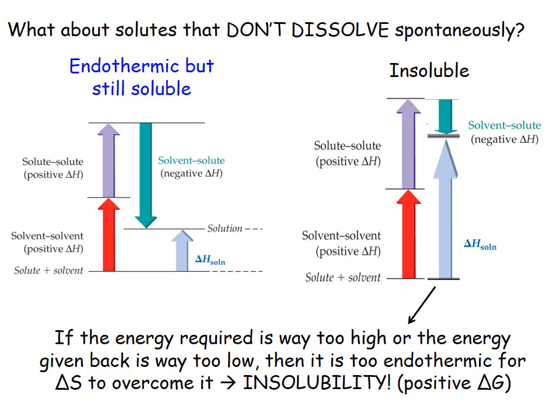So the bottom here shows you if the energy required is way, way too high, or the energy that's given back is way too low, see that green arrow is just too tiny, then it's too endothermic for delta S to overcome it. So delta S is always positive for dissolution. But if delta H is too positive, too large, then delta G can't become negative.